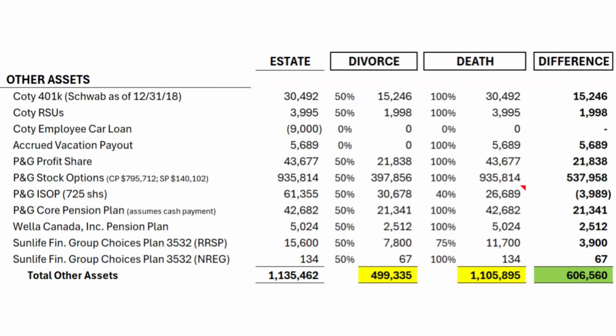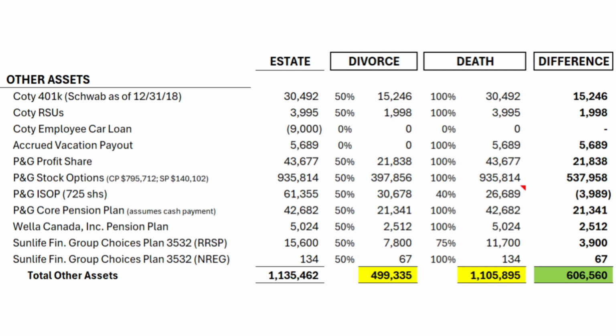So if we look at a total of all of the other assets on line 22, from what is in the estate, $1,135,461. 50% of all of that in a divorce would be $499,335. Just to make sure the record's clear, the first number is $1,135,461. Yes.